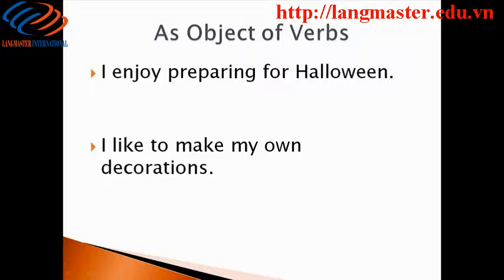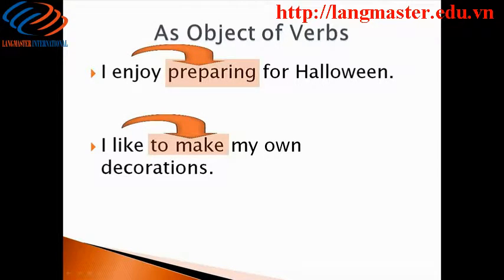Gerunds and infinitives can have different roles, different functions in sentences. In this lesson, we'll focus on how we use gerunds and infinitives as objects of verbs, also known as direct objects. In our example sentences, we saw gerunds and infinitives as direct objects. Enjoy preparing, like to make.